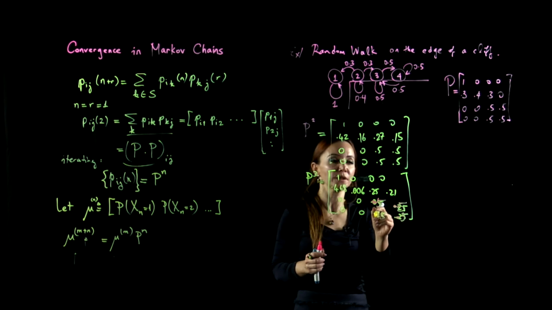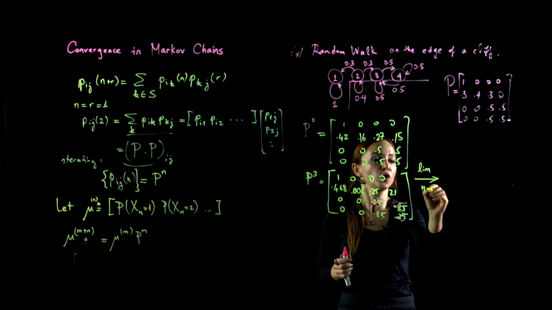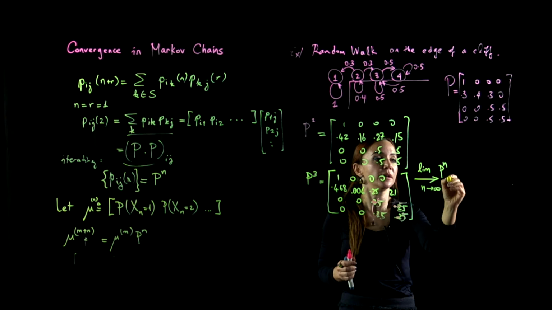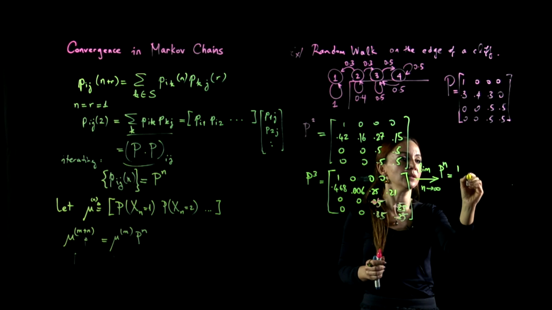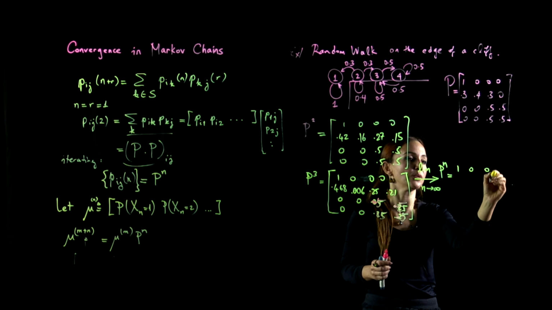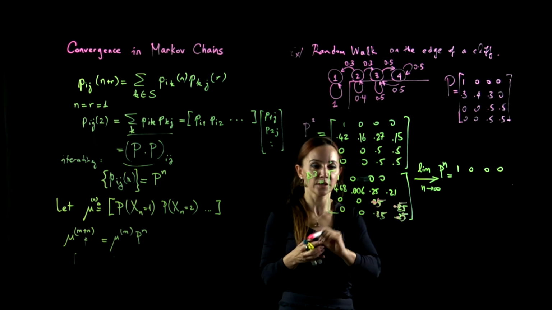Now, from here, we see a number of different things. Maybe first let's look at the limit as n goes to infinity of P to the n. It is 1, 0, 0, 0. What do you think this is converging to?